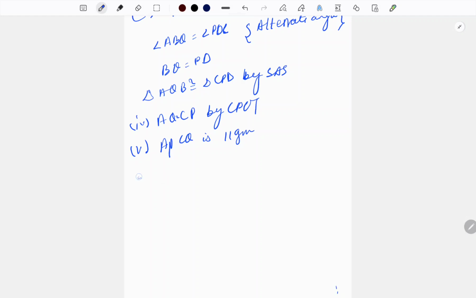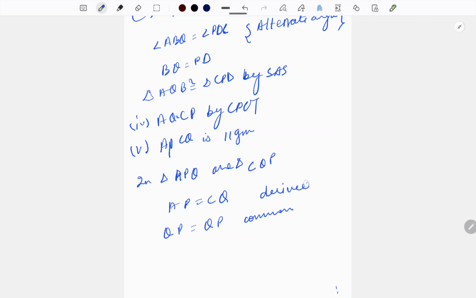So triangle APQ and triangle CQP, AP is equal to CQ, QP is common. This is derived above.